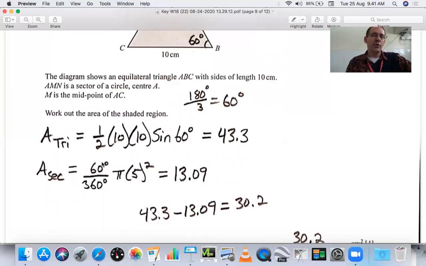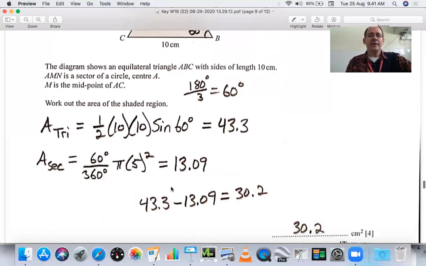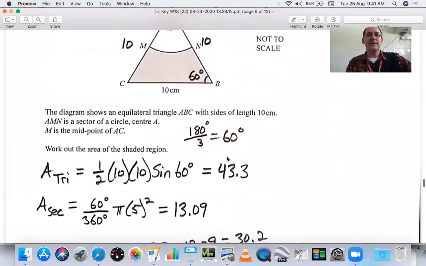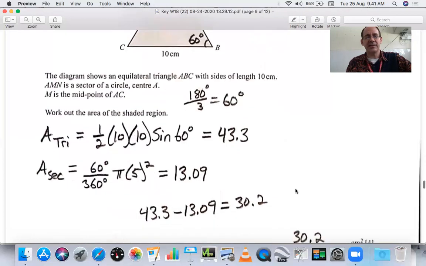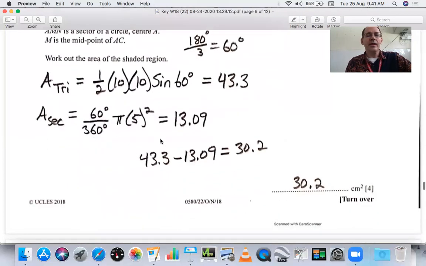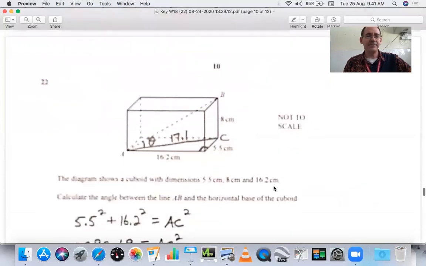So we have 60 over 360 times pi 5 squared comes out to 13.09. Then you take the triangle minus this white area of the sector, and that will give you the shaded area. So you get 43.3 minus 13.09 equals 30.2. That's your answer for that.